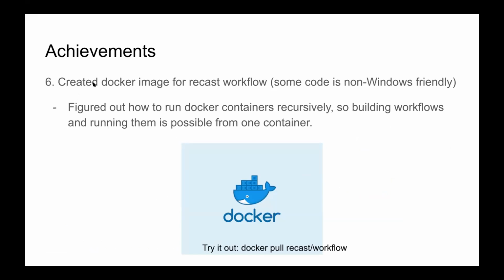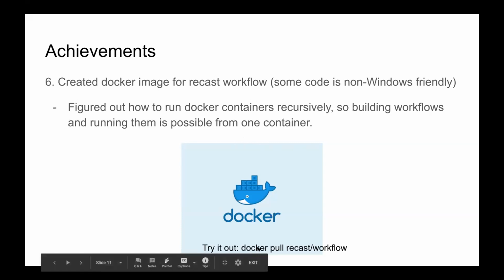Then Alex, one of my mentors, was putting together a boot camp. And I realized some of the code isn't actually Windows friendly because of the way slashes and backslashes operate. I just never tested it on Windows. So to fix this, I quickly put together a Docker image for Recast-workflow called recast/workflow.